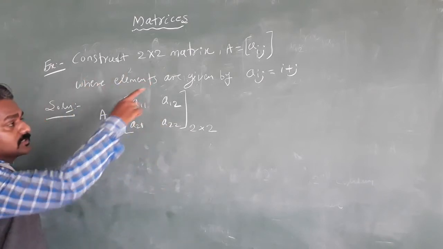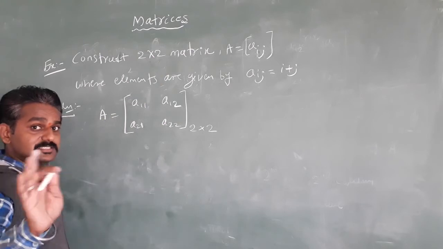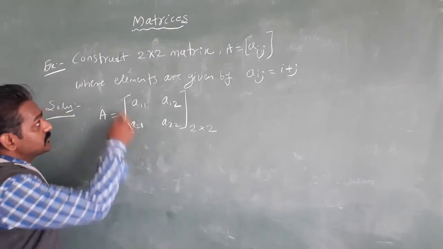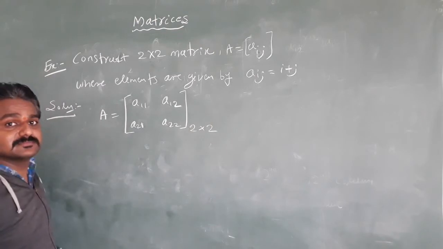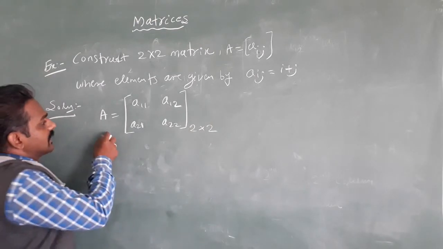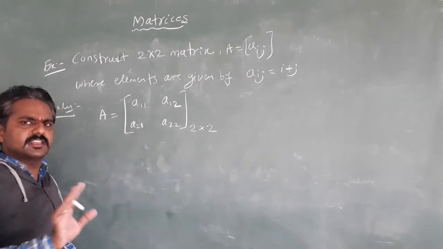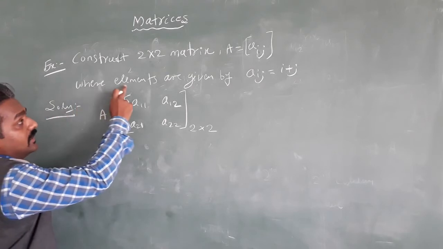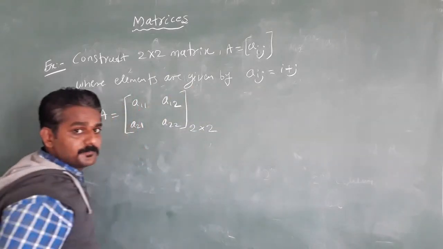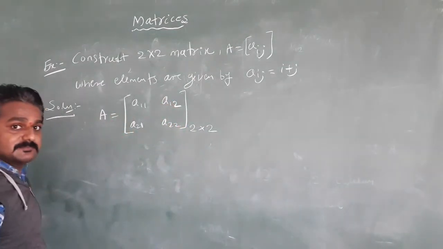They ask for the matrix of the order 2 cross 2, not the general representation. They also mentioned where elements are given by. If they ask to write the general representation of the matrix of 2 cross 2, it's enough, it's the final answer. But next they mention where elements are given by Aij equals I plus j.